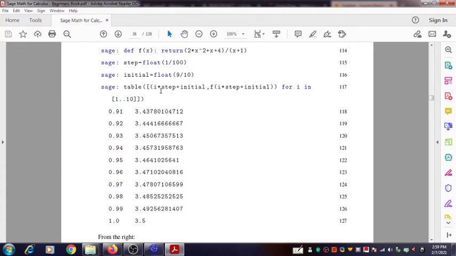The Sagemath system comes to the first position, but now the value of i is equal to 2. So the step will be multiplied by 2, and then that will be added to the initial value. Hence we get x equal to 0.92, corresponding to i equal to 2 in the second step.